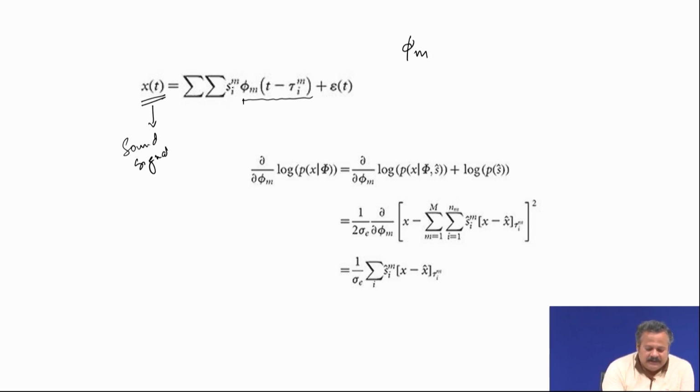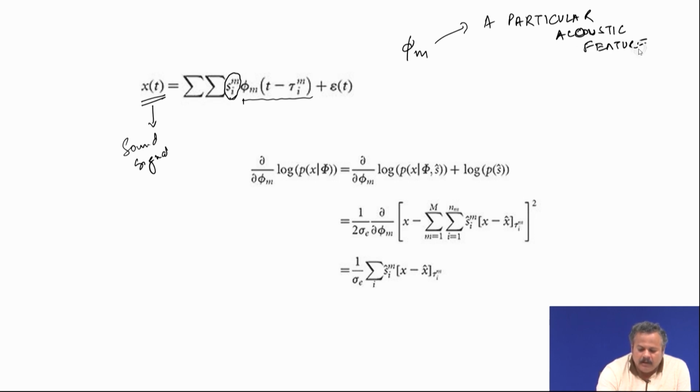So s_i^m is essentially the weight of the i-th presence of the m-th feature. Phi m is a particular acoustic feature, and we have M of them, and these are like parallel channels, each an individual acoustic feature.